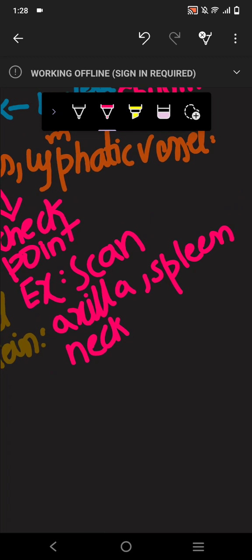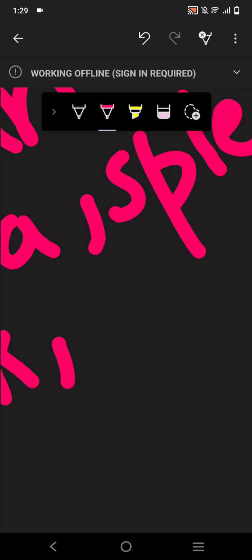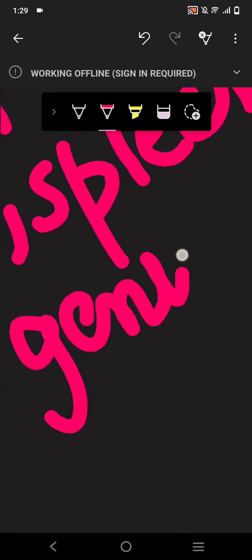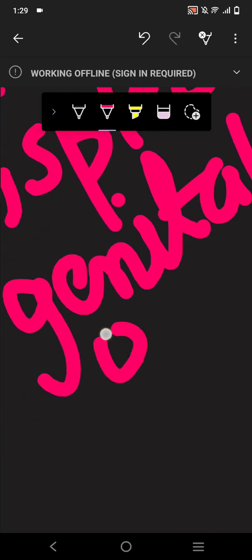Now, the third point is that they are present at the groin, or you can say the genital part. As we know, the genital organ is there.